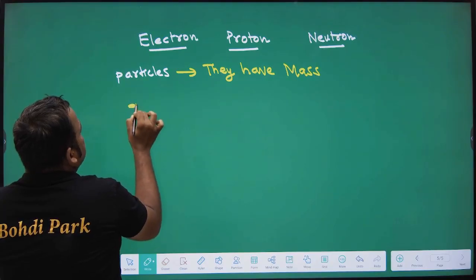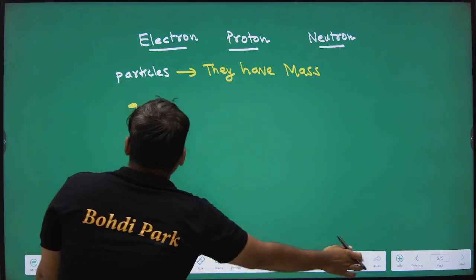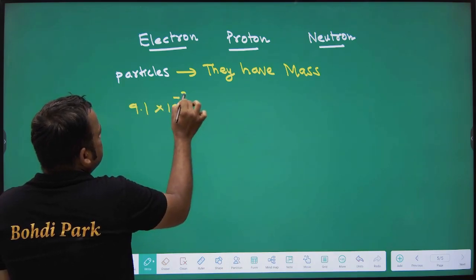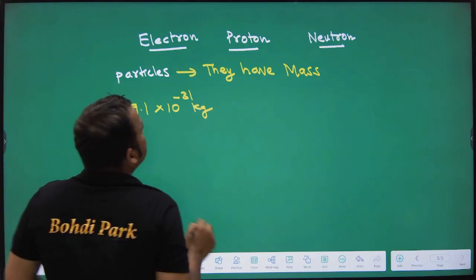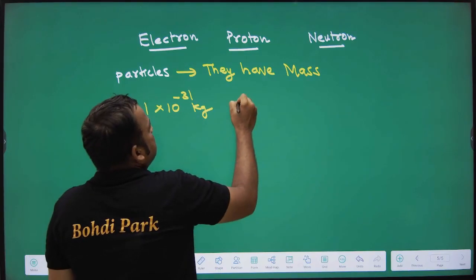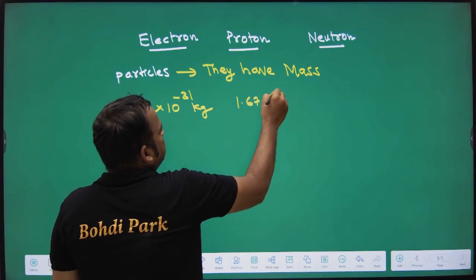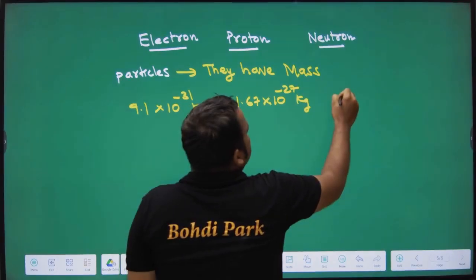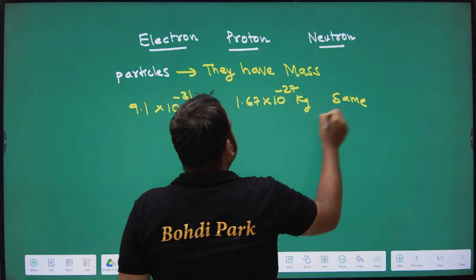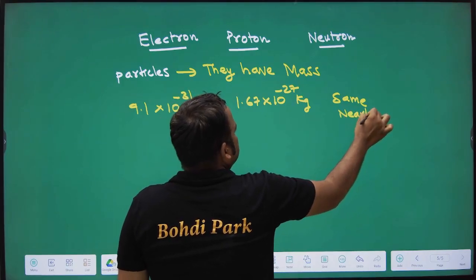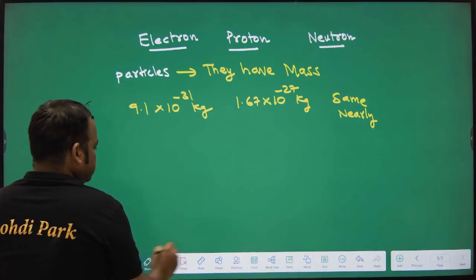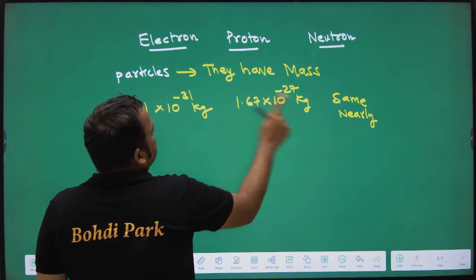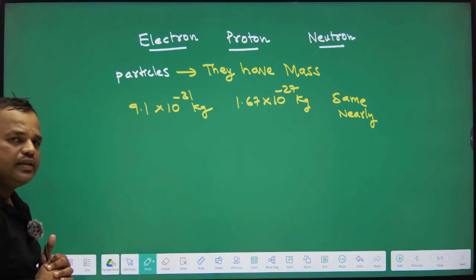So the mass of electron is 9.1 into 10 raised to minus 31 kg, and the mass of proton is 1.67 into 10 raised to minus 27 kg, and the neutron mass is almost the same as that of proton. So this is in kg.